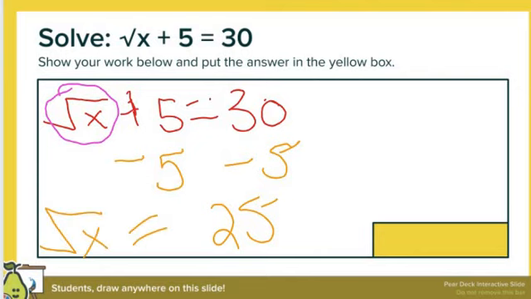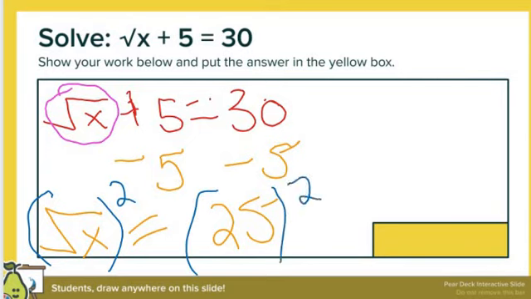Well, what's the opposite of square root? Squaring. So I'm going to square both sides. I'll take out my calculator.